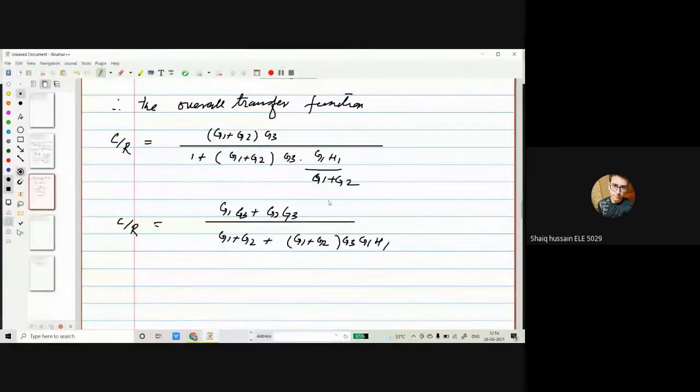G1 plus G2 would cancel out, right? Yeah, we can cancel this out, no problem. You are taking this in the denominator, so we can cancel this out. Okay, no problem. Yes, you are right.